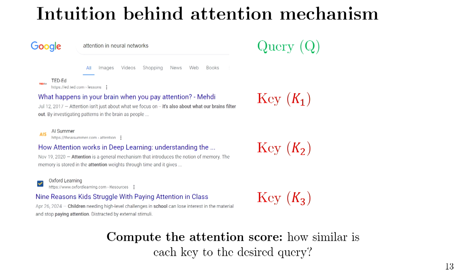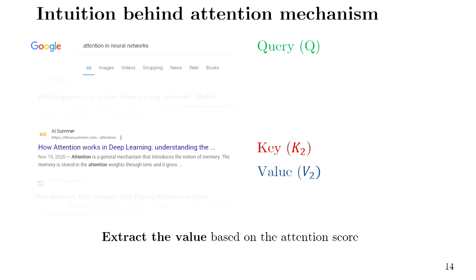And what we're going to do next is we're going to compute how similar is this key, or this gist of my answer, to the query. So if you look at this, you'll see the first item that we get back in search is not very relevant, neither is the last one. The second one is really the thing that is relevant to learning about attention in neural networks.